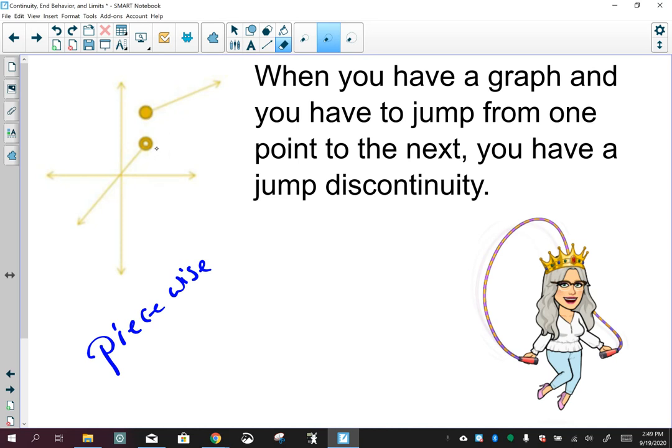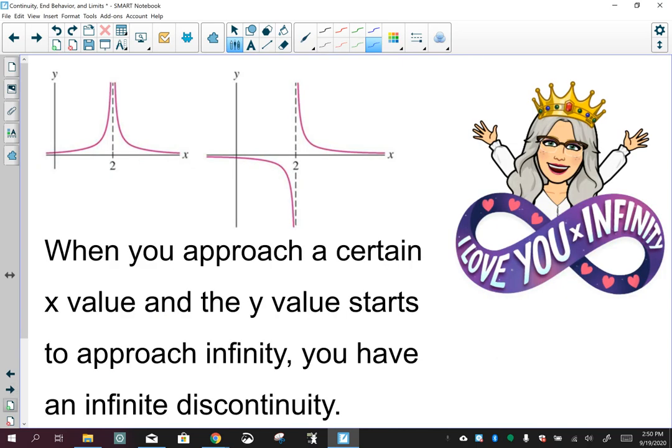But when we start continuing on to the next piece, you can actually make it graph like that. So yeah, you had an open dot, but now we're actually going to include this same number in my new function. That closes it and makes it continuous because now you've connected it. But if you don't connect it and it looks like this right here, then you have a jump discontinuity.